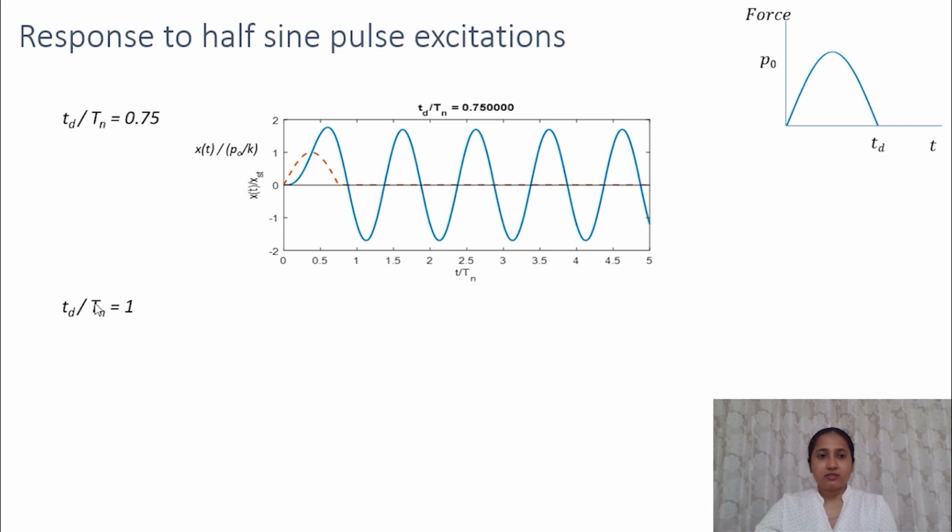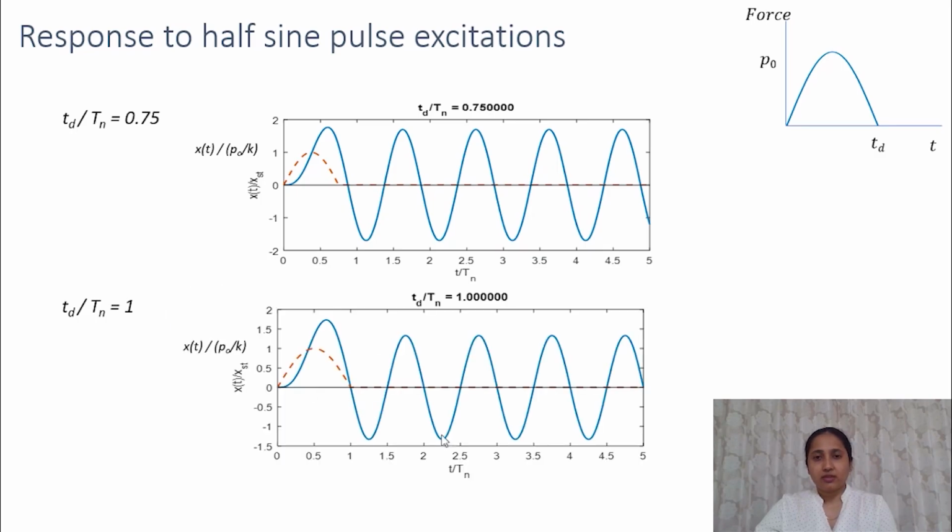Now let's see this for Td by Tn equal to 1. Here also the same pattern continues. The maximum response occurs during the forced vibration, and after the pulse ends, the free vibration continues with some reduced amplitude. Now the maximum response is within the pulse.